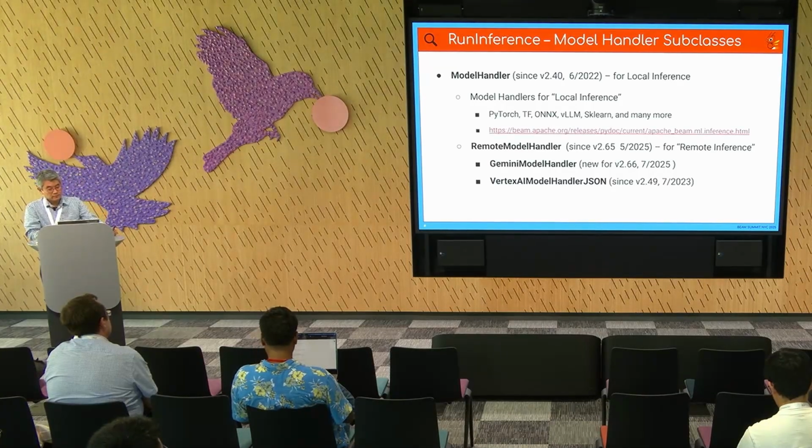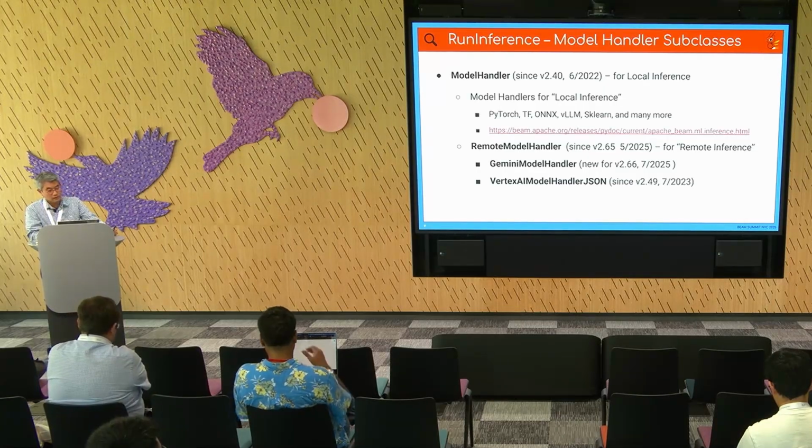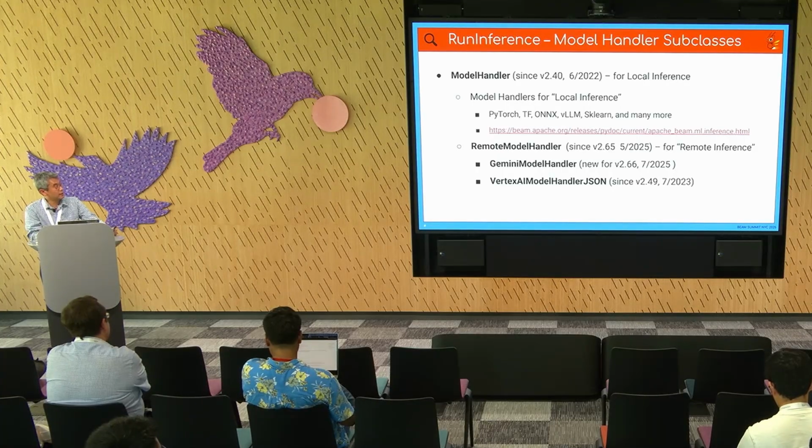As the model handler was introduced for local inference in Beam 2.40, there are many built-in model handlers for local inference already created. So we can find the model handler for PyTorch or TensorFlow or scikit-learn, etc.